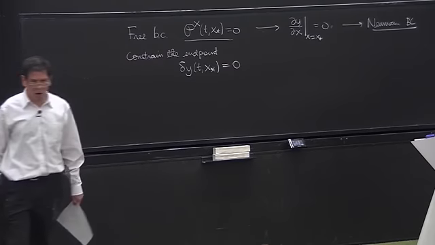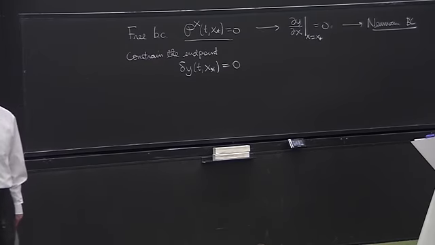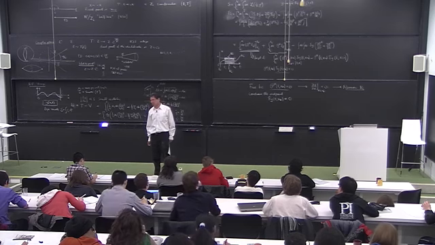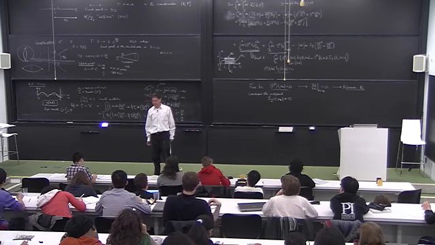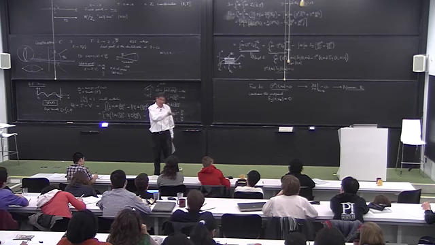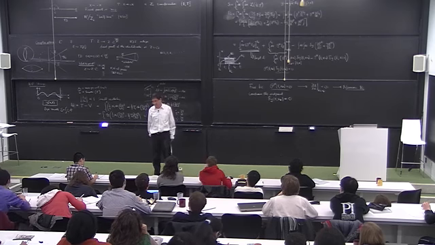That I don't allow variations of the position of the string at that endpoint. Whatever it is, forever, you don't vary it. If you don't allow those variations, this term never occurs. And you don't have a problem.